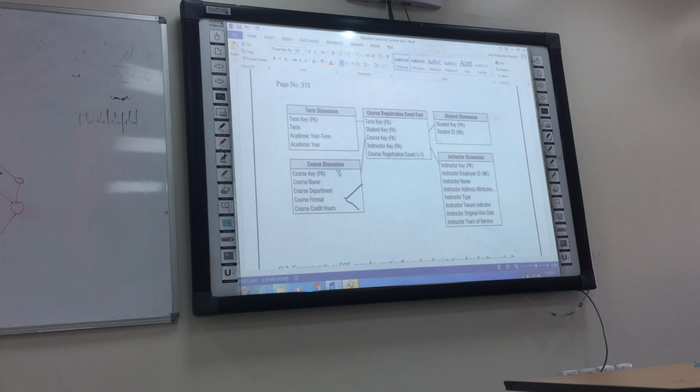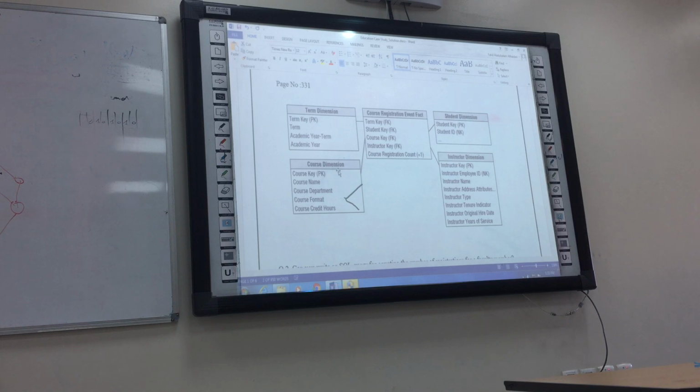So if the question asks how many cubes can be generated based on this scheme, is it 2 to the power 4? I have 4 dimensions here, see that? Is it 2 to the power 4? No. I have to apply this one. The course is not just one cube.